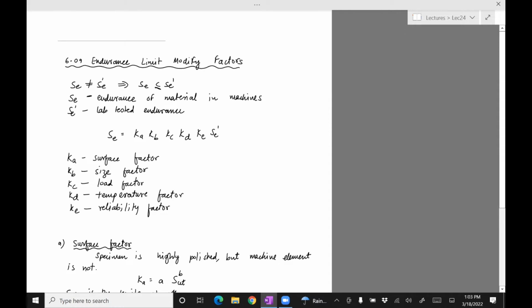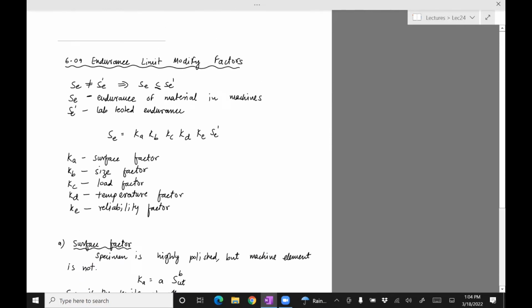Se is the endurance limit for the actual machine element, and Se prime is for the lab tested specimen. So Se will be lower in value than Se prime. That is, these factors will diminish the strength of the material, and so you see that these factors are less than 1.